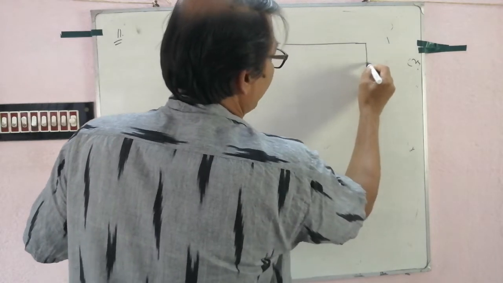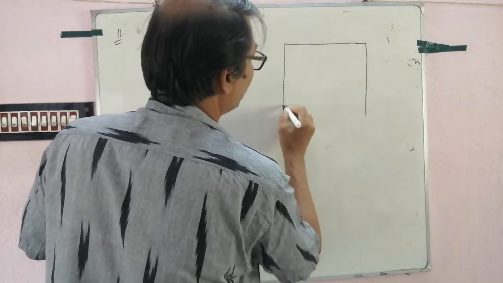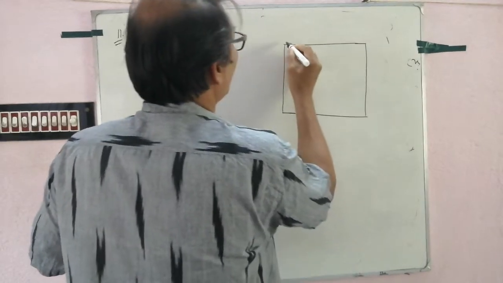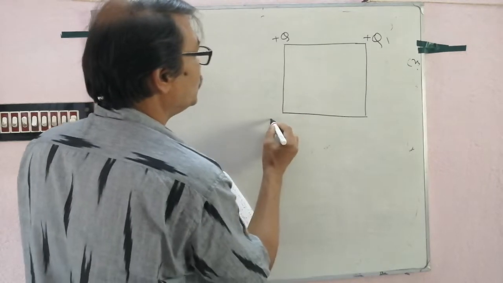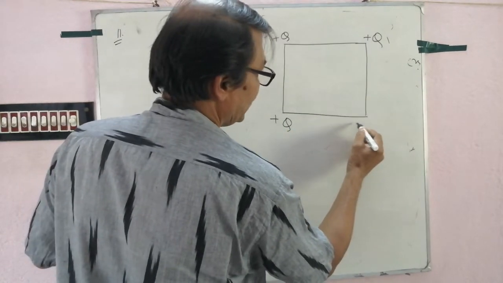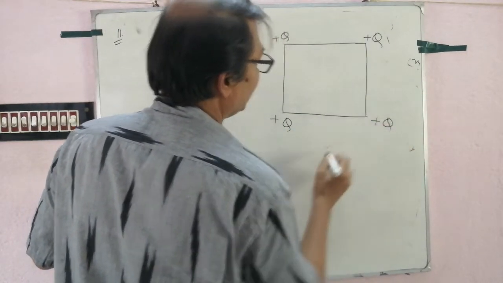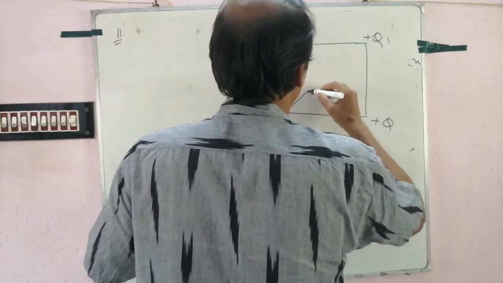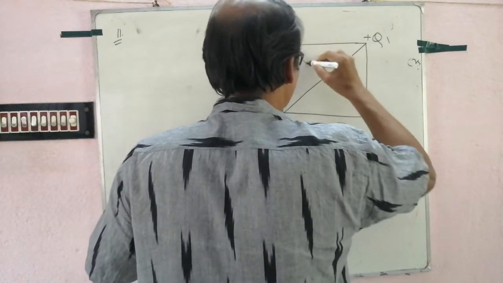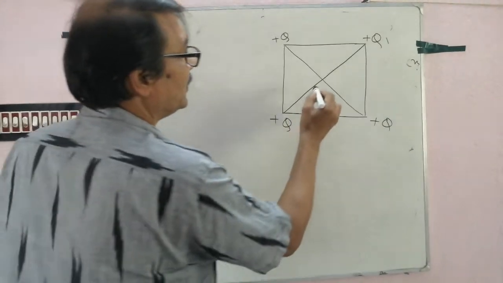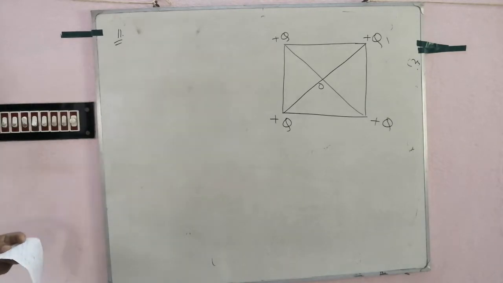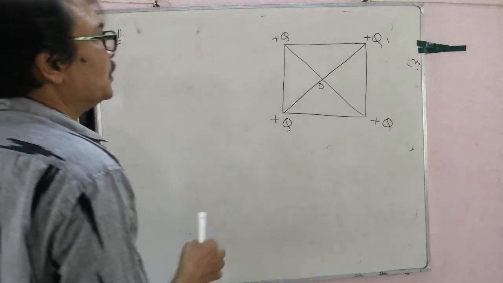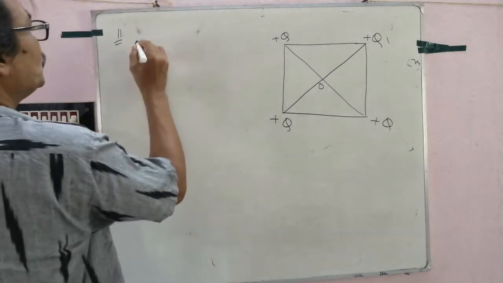This is a square. Four equal charges, plus Q, plus Q, plus Q, and plus Q. These are the two diagonals. This is the center O. What is the question?